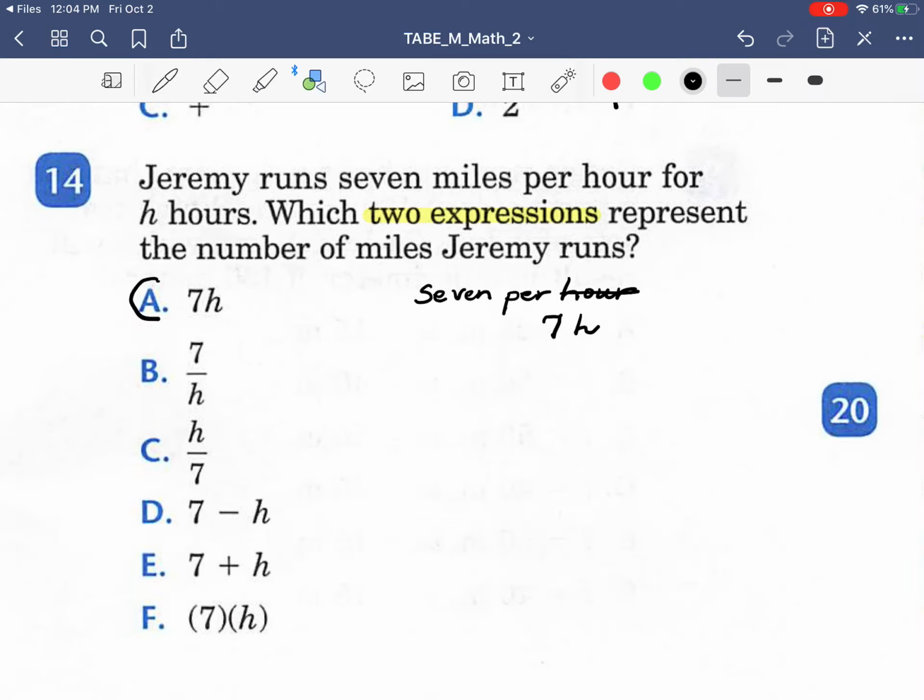So here's one of them. B is division, C is division, D is subtraction, E is addition, F is multiplication. So A and F both express this same situation.